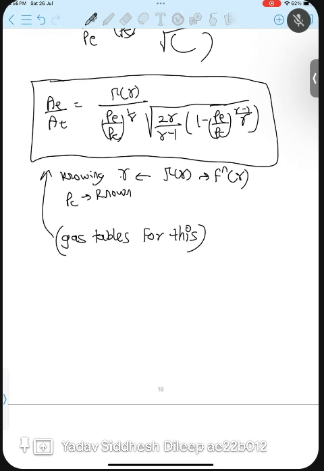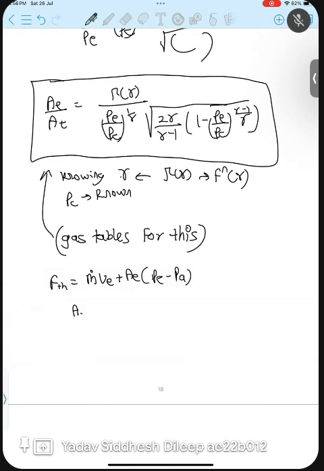Now let's go a step further and come back to the topic of getting the ISP, deriving the ISP. So again I will write thrust force equals m dot u exit plus A exit into p exit minus p ambient.